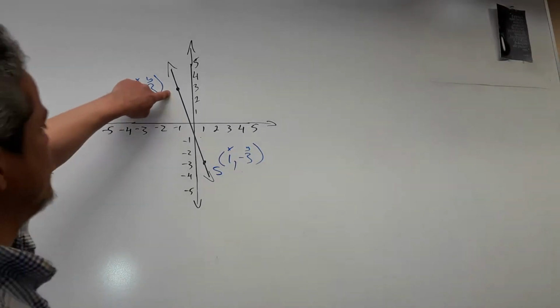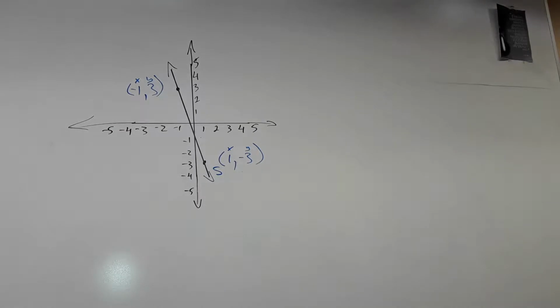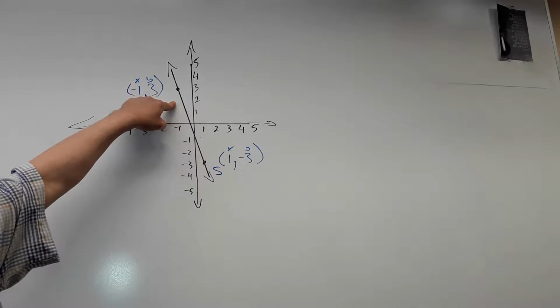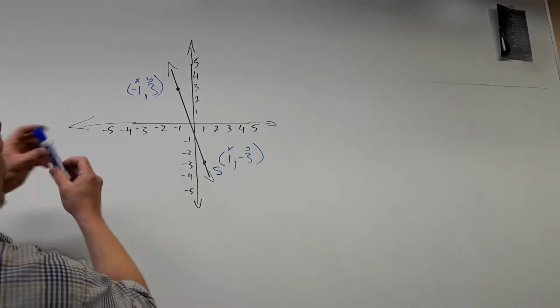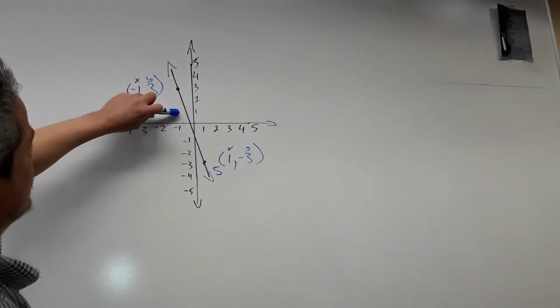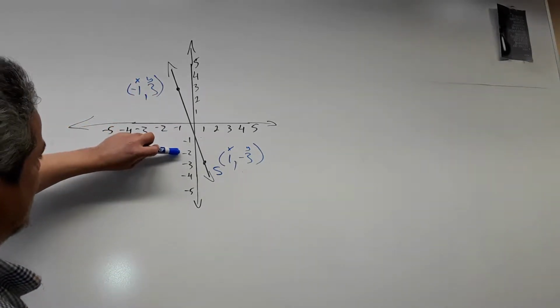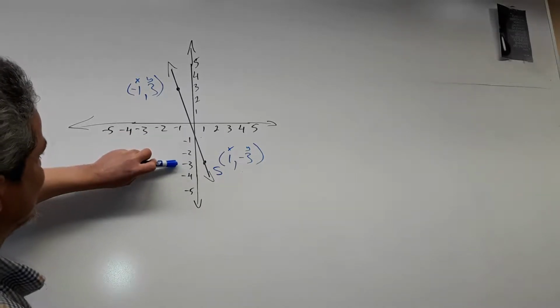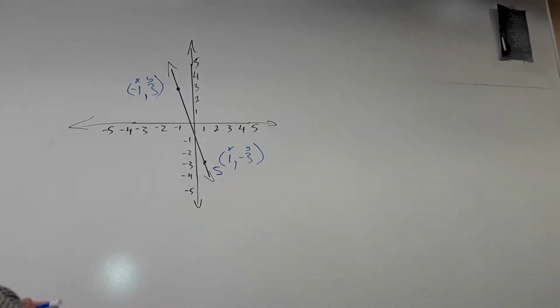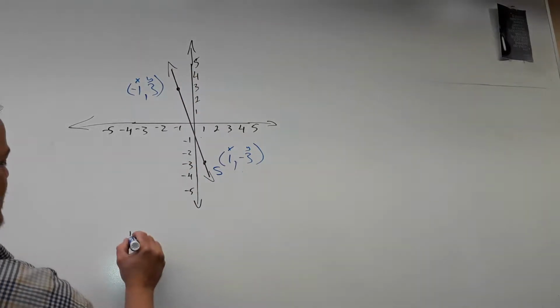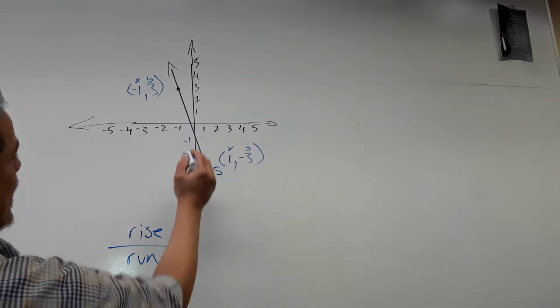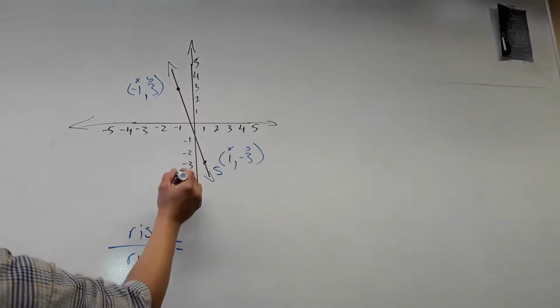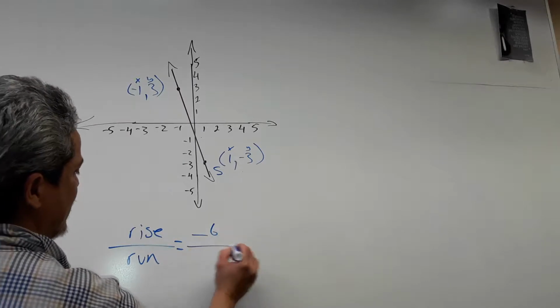We're going to go from this point here to this point. 1, 2, 3, 4, 5, 6. So the rise from here to here is negative 6 because it's going down.